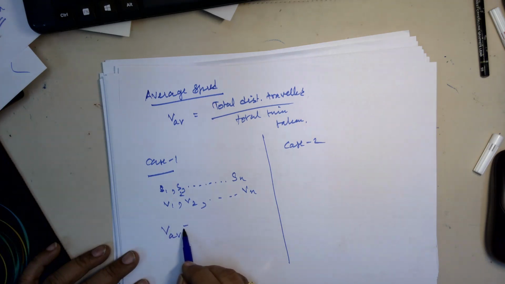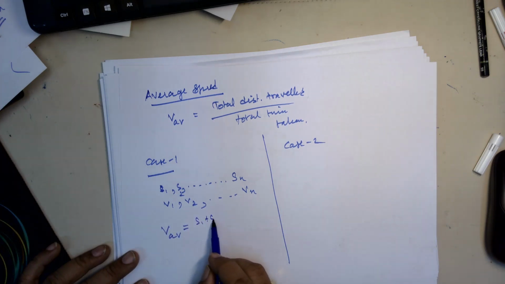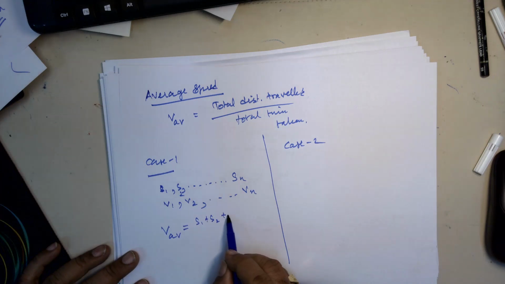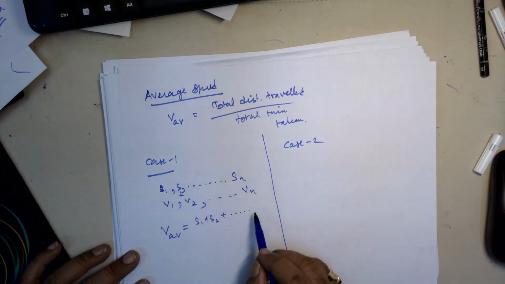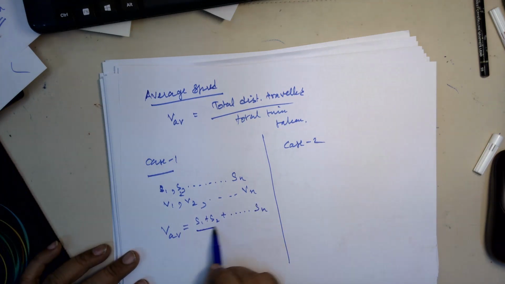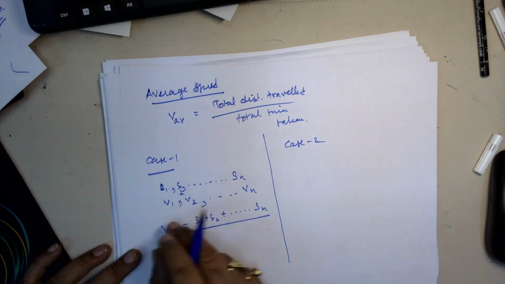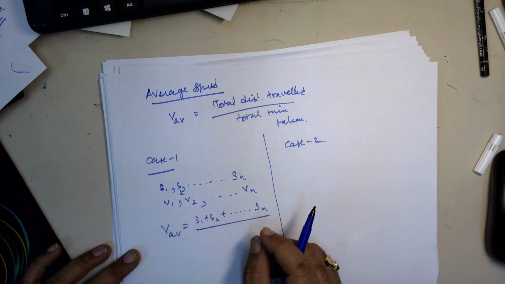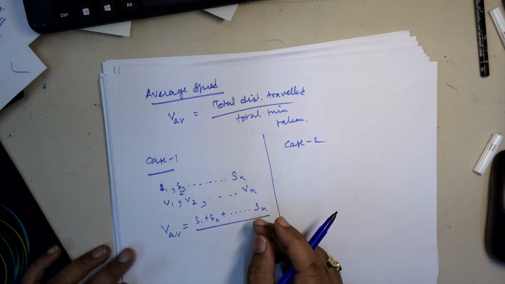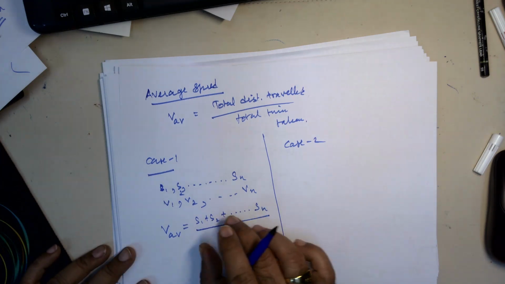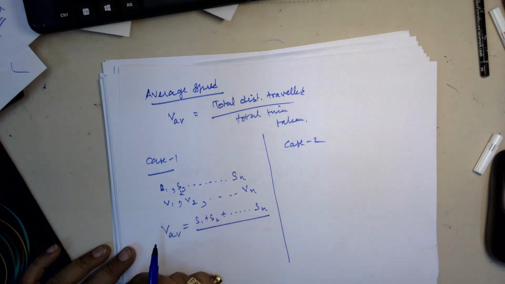Average velocity is S1 plus S2 plus S3, etc. up to Sn whole divided by, okay. So this is the average speed, is it not? And what is the time taken? Can you tell me?